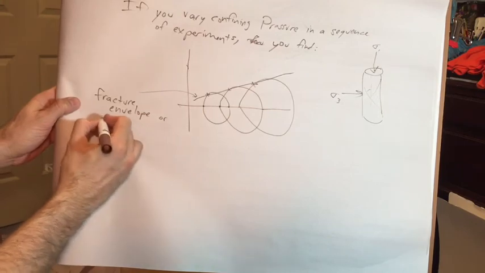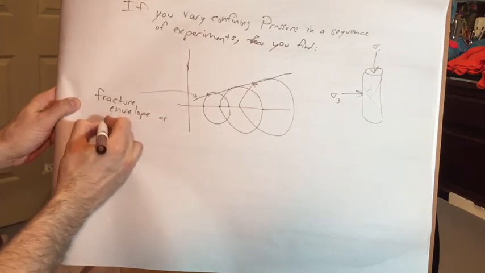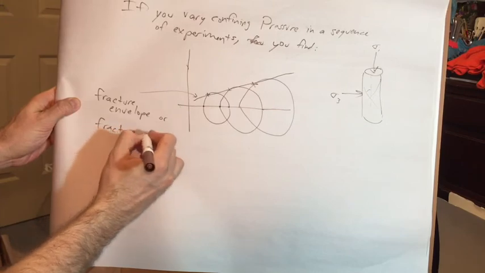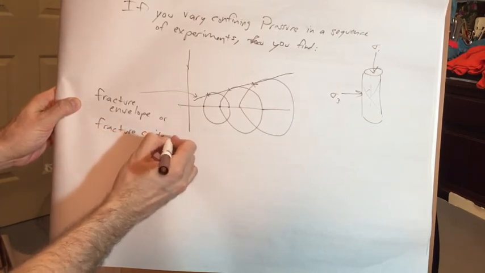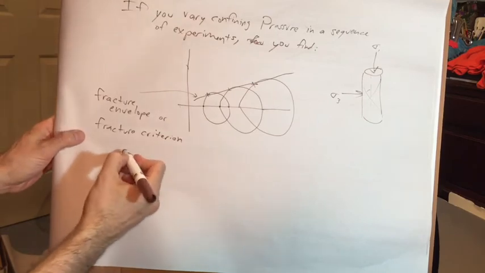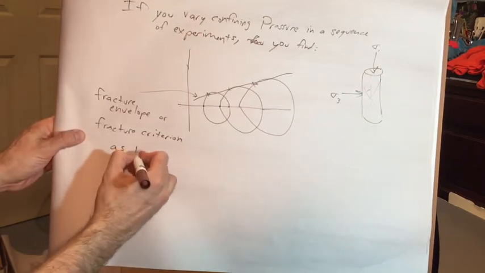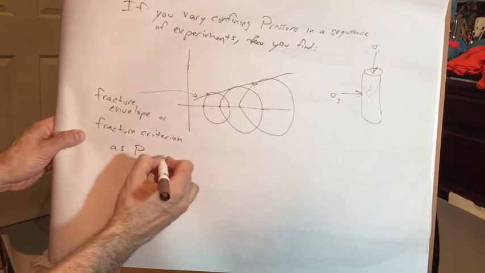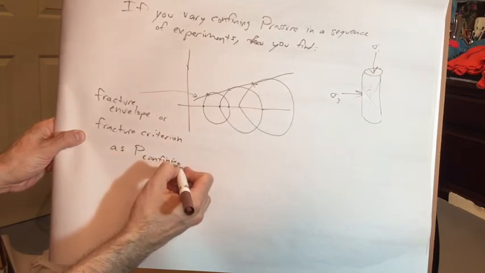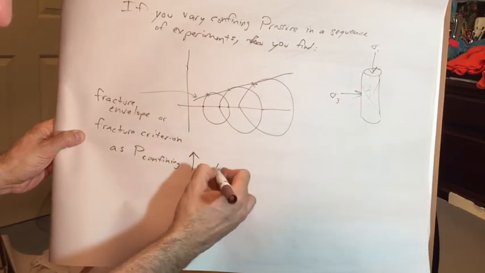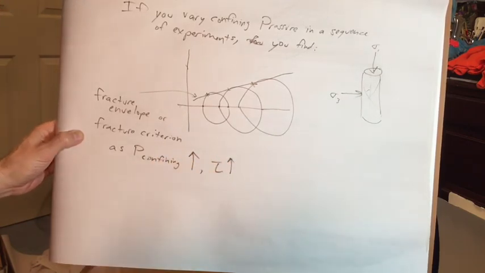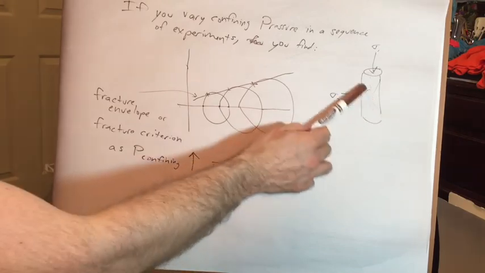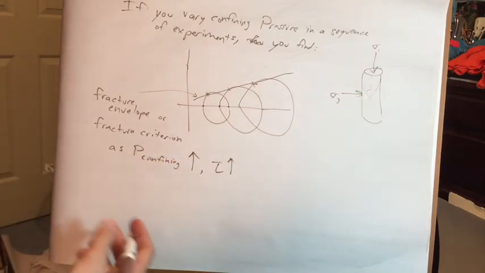It's also known as the fracture criterion. And one of the things it's telling us is that as confining pressure increases, the shear stress on the fractures that form needs to get higher and higher in order for motion to occur, or for fracturing to occur.